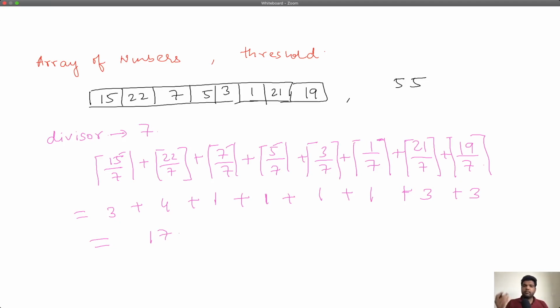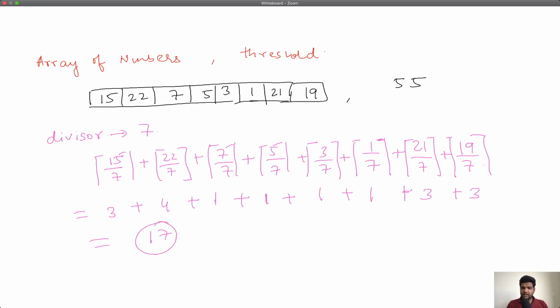So what you can do at every step is take a divisor, divide the numbers of the array with that divisor, and take the sum of those divisions. And when you are dividing, take the ceiling of the division if it's not a perfectly divisible divisor. Take the sum, and this sum will be something.